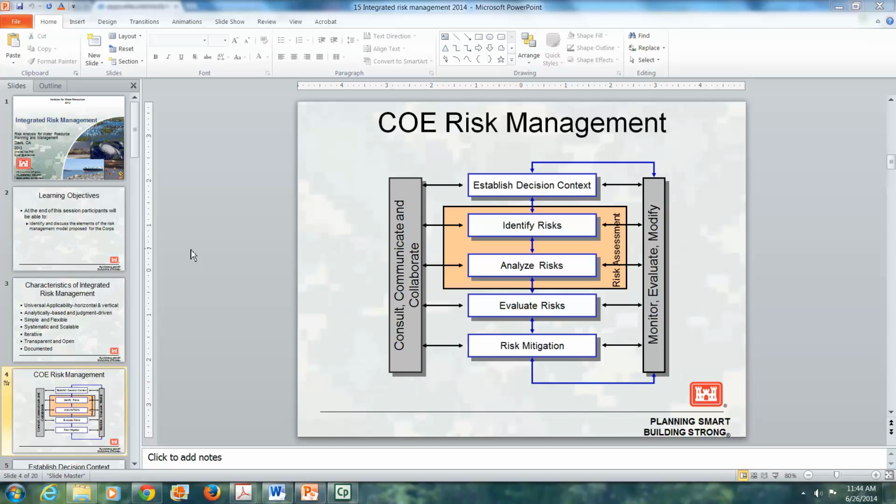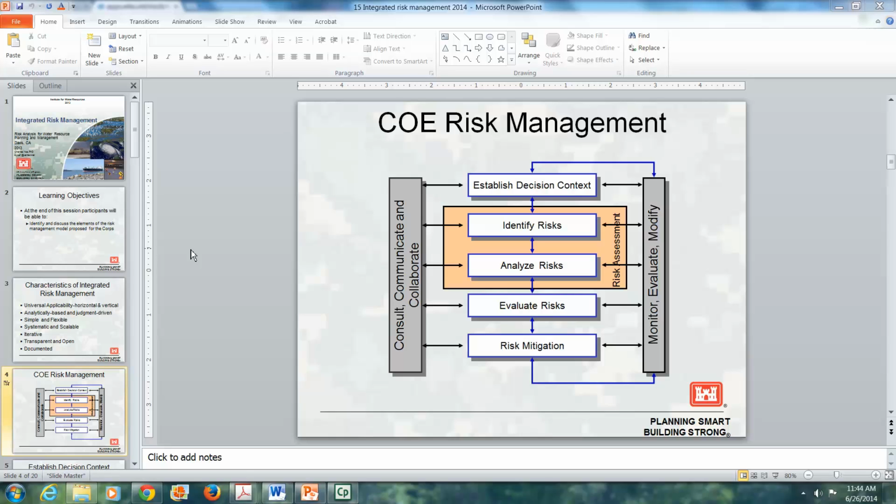It has 5 steps. It begins by establishing a decision context, and then the next 2 steps are to identify and analyze risks. These steps together comprise the risk assessment. You see that in the beige box that contains these 2 steps. After the risk assessment piece of this, risk managers have to evaluate the risks and make risk mitigation decisions.